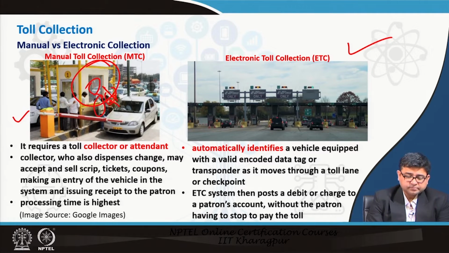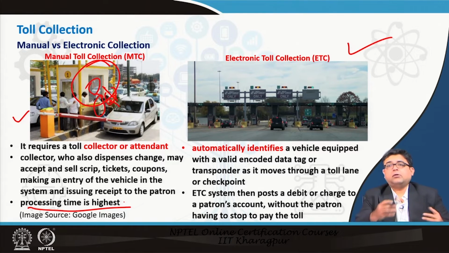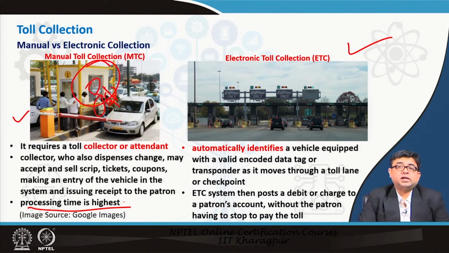So, imagine there is a lot of delay that may happen. Processing time is the highest in case of manual toll collection. So, imagine this happening at peak hour when everybody is trying to go to work. There is a highway that is in the suburban part of your area. It is very common nowadays in many of the large cities in India.